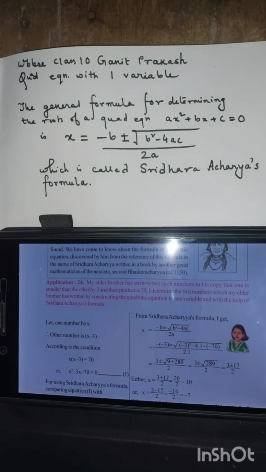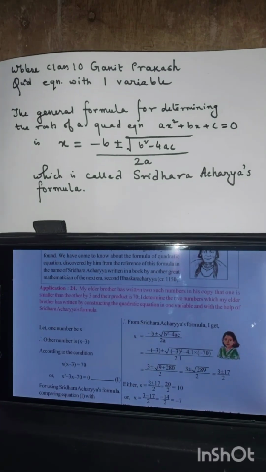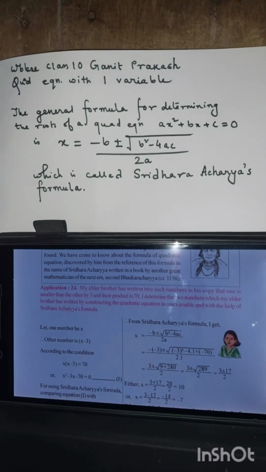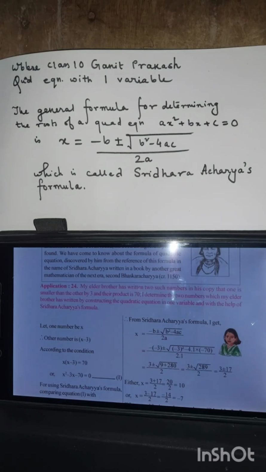This formula or this process is called ACHARYA'S formula. Now we are going to take a question and solve it using this formula.